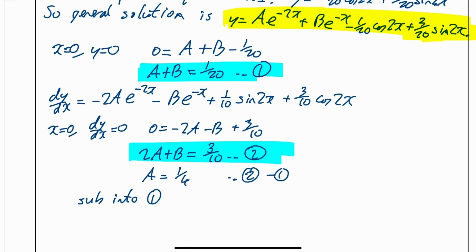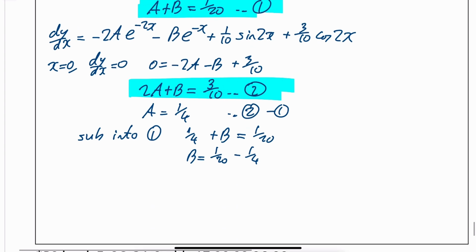Dear, oh dear. Right, sub that into equation 1, then you have 1 quarter plus your b is equal to 1 over 20, which means your b is equal to 1 over 20 minus 1 quarter. So 1 over 20 minus 1 quarter, and you get minus 1/5. So your b is equal to minus 1/5.